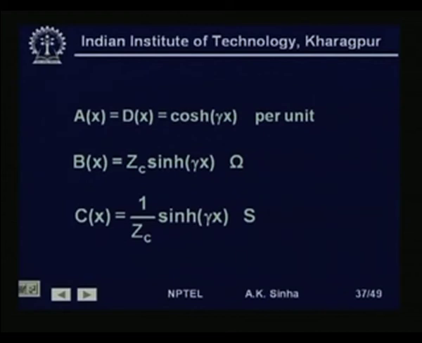The only thing here is that we have hyperbolic functions involved in this case, and the computation is somewhat cumbersome. So, with this we stop today, and we will continue with this review in the next lesson. Thank you.